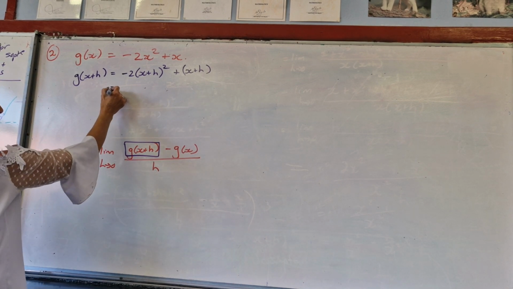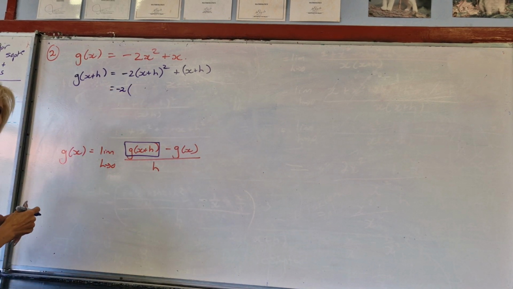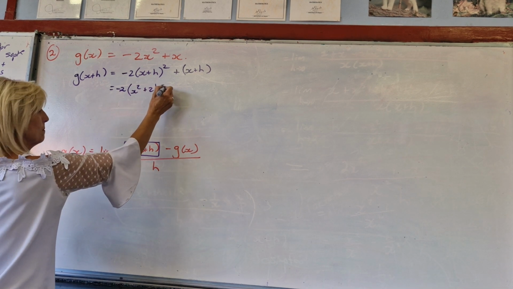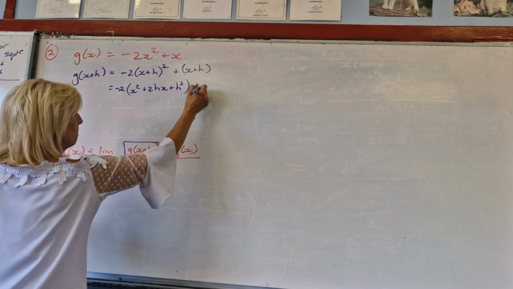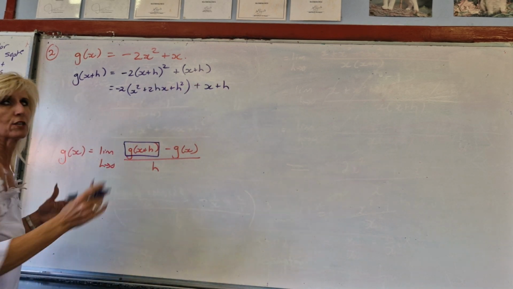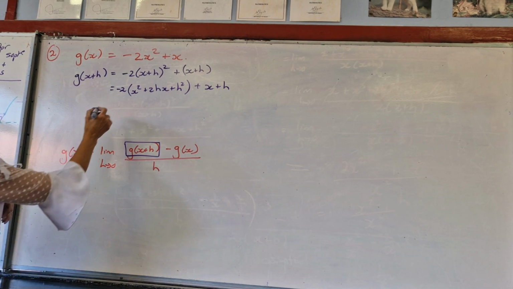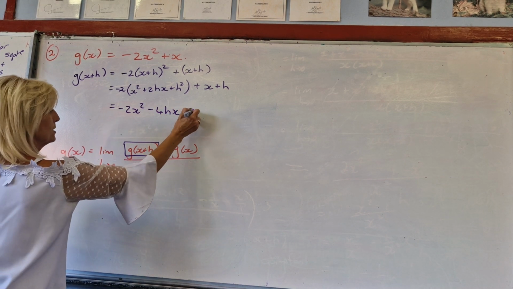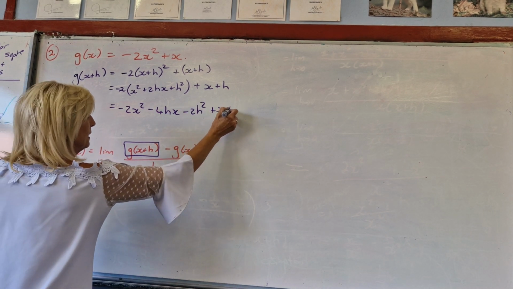Right, now let's simplify. The one that we come to know as it's always there, x squared plus 2hx plus h squared. That can just be left without the brackets. And when I simplify, I've got minus 2x squared minus 4hx minus 2h squared.